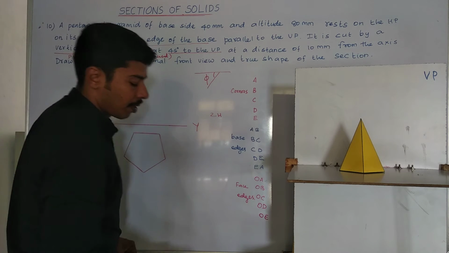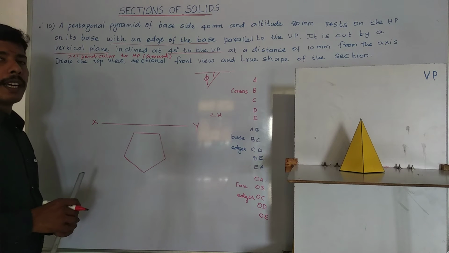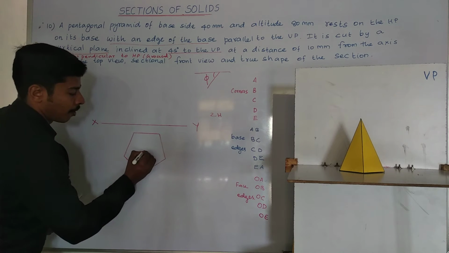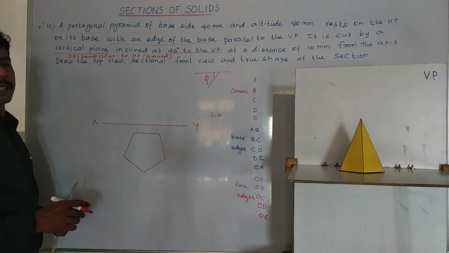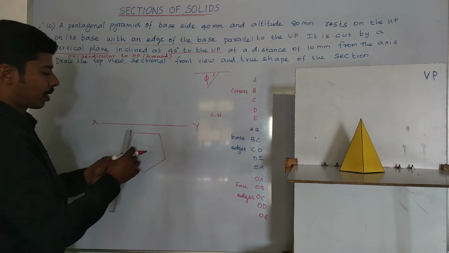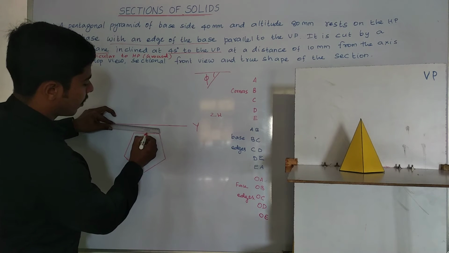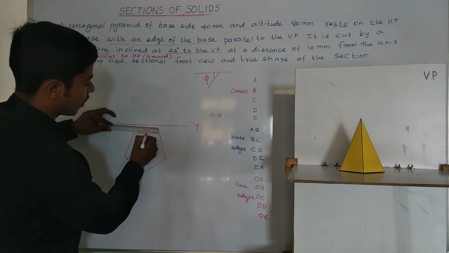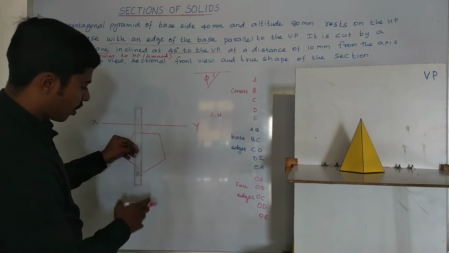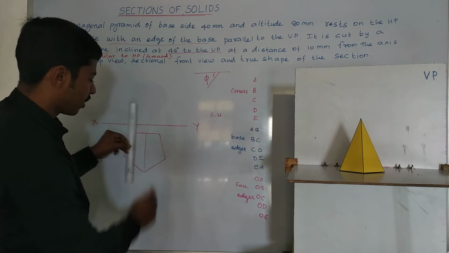As it is a pyramid, we have to find the center point also, the axis point and apex point. To find the center point, take the midpoint of one side and connect it to the opposite corner with one line.